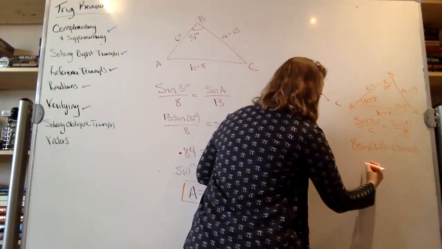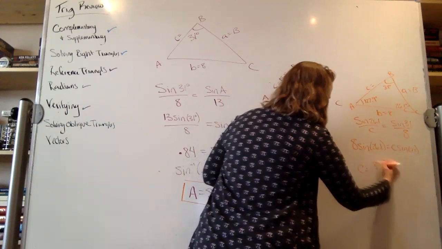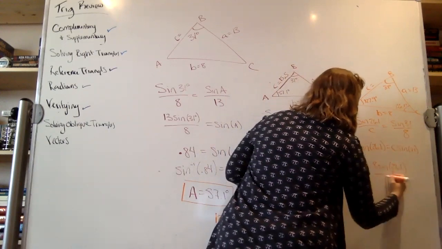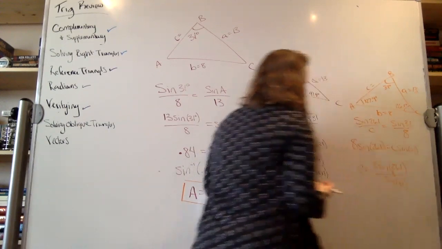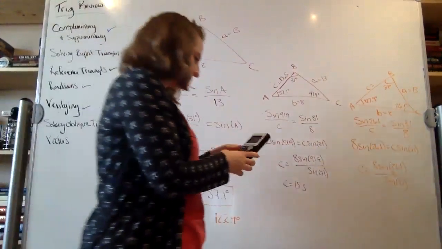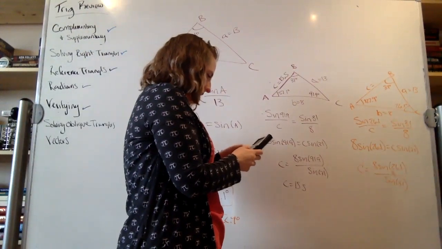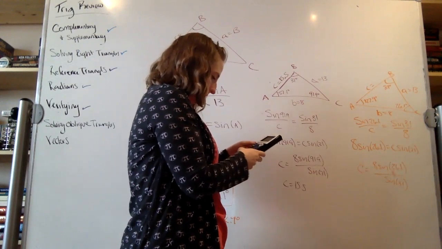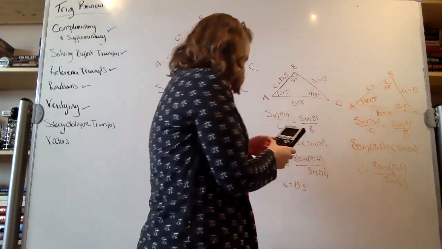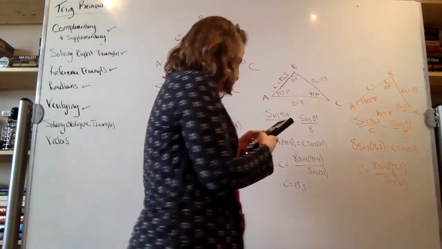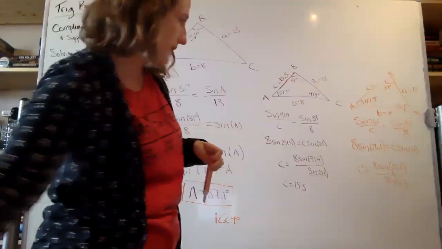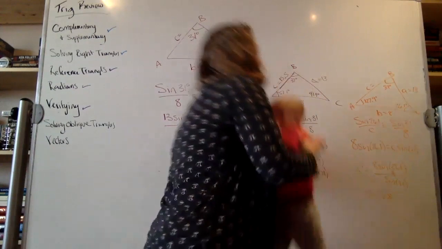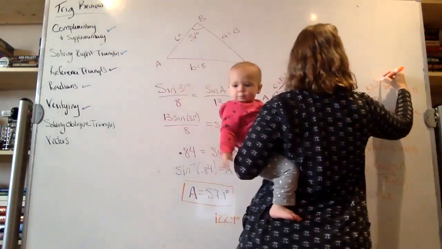Dividing both sides by sine of 31, I get C equals 8 sine of 26.1 over sine of 31. Plugging that into my calculator, 8 sine of 26.1 divided by sine of 31, I get C equals 6.8 in this case. So now we've solved the second triangle, 6.8.